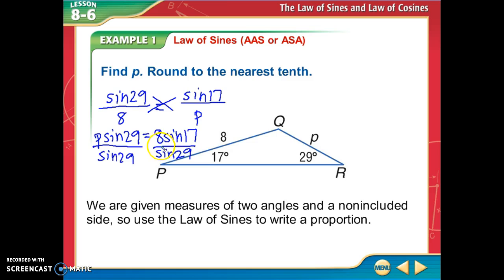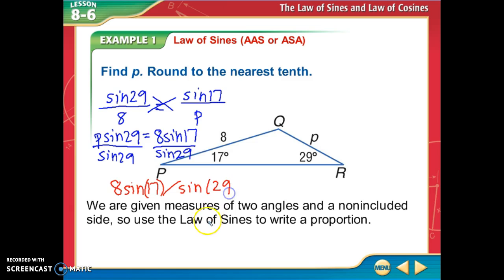Now you have to be careful in your calculator, right? Now we have to make sure we're closing our parentheses where we need to. So in your calculator, you're going to type in 8 sine 17, right? Now that's going to open a parentheses, so now we have to close that parentheses. We're going to divide by sine of 29.